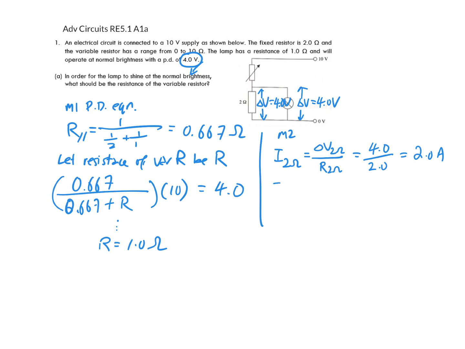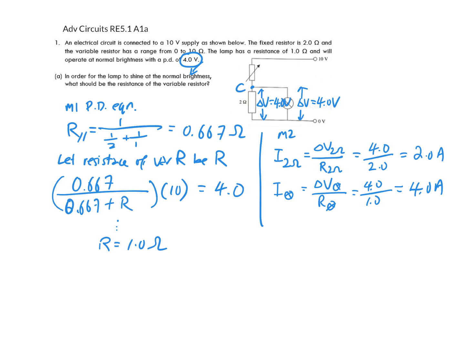Similarly, we can do the same thing for the light bulb. So the voltage across the light bulb divided by the resistance of the light bulb. So we get 4 volts across a 1 ohm light bulb. This should give us 4 amperes. Now, at junction C, we know that the currents were recombined.